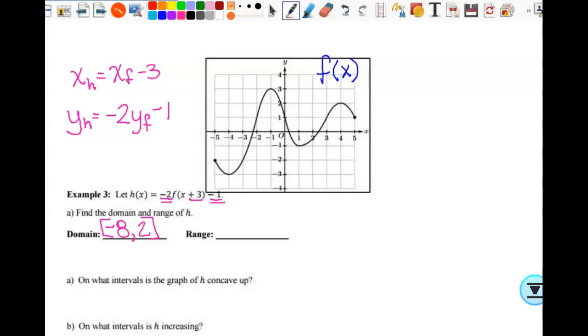My range starts at -3 for f, but for h I double it, so -3 times -2 is 6, minus 1 is 5, right? And then 3 times -2 is -6, minus 1 is -7. All right, do y'all agree with those?